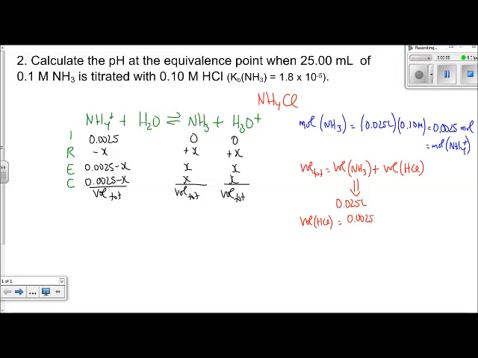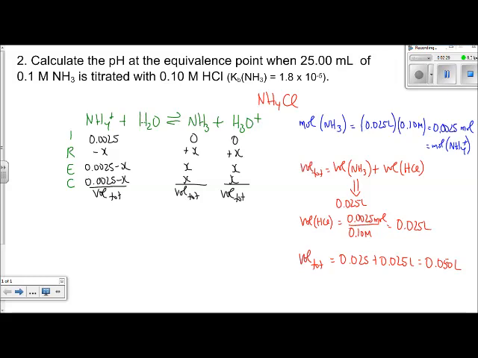And then we divide that by the molarity of the HCl that we're given in our burette. So we find that we need 25 milliliters of HCl. Now the total volume would be the sum of those two volumes. So 25 milliliters plus 25 milliliters gives us 50 milliliters, or 0.05 liters.